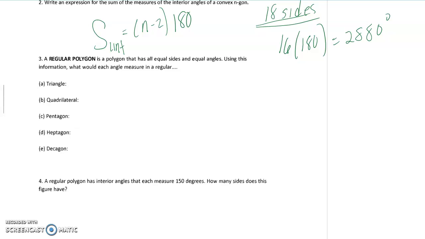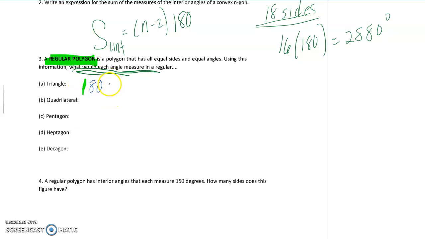This type of question I might give you is, what is one angle? What is each angle inside a regular polygon. And here's the thing, you have to know what the word regular means. And regular means that it is a polygon that has all equal sides and all equal angles. So obviously in a triangle, it has 180 degrees.